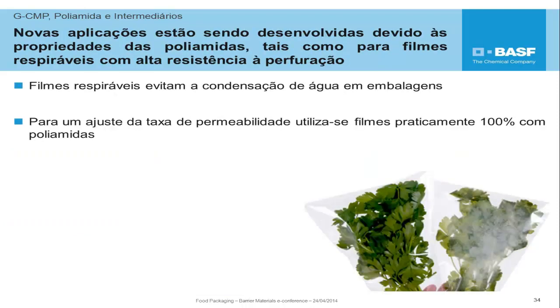Slide 34. This is a very interesting application that exists. They are called breathable films. These films are produced with practically 100% polyamide for a very precise adjustment of the permeability rate. The example is a vegetable that is packed with remnant humidity from its washing.